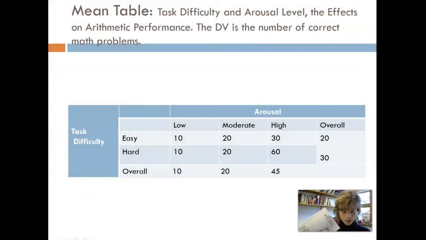All right, let's move forward to the next one then. So in this one, we have easy low is 10, easy moderate is 20, and easy high is 30. Hard low is 20, hard moderate is 30, and hard high is 40.